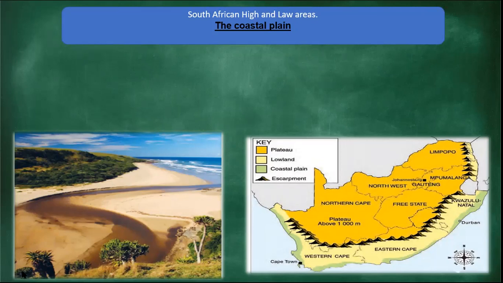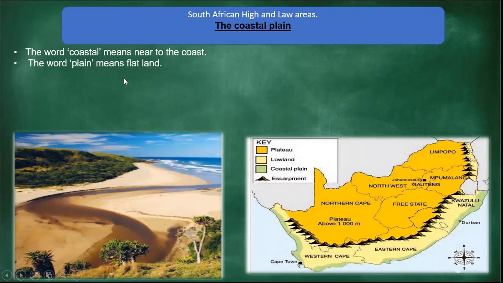The word coastal means near the coast. As you can see here, the land and the coast are meeting, which means this land is near the coast. And the word plain means flat land.